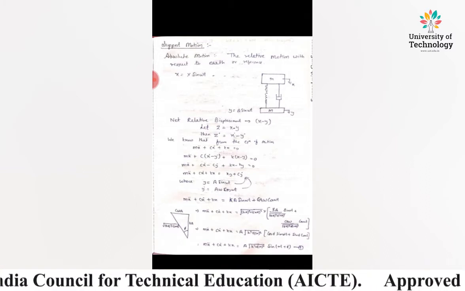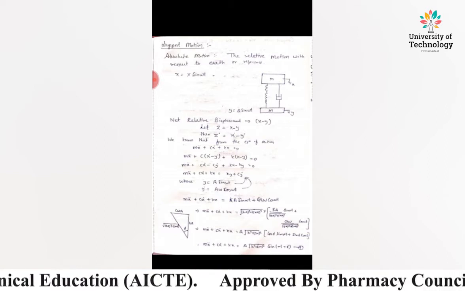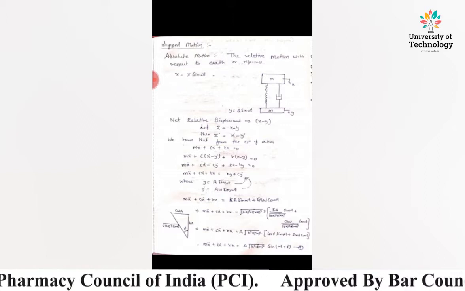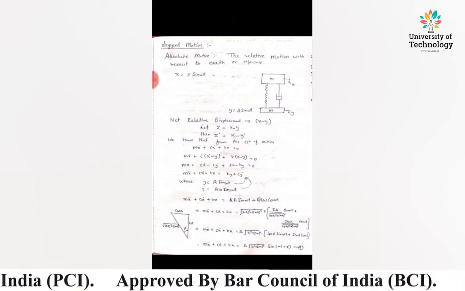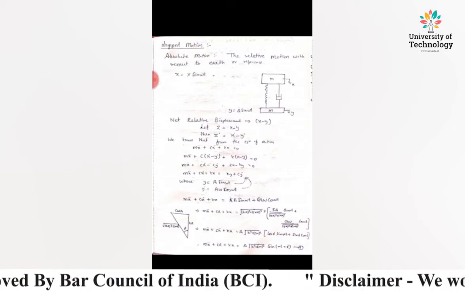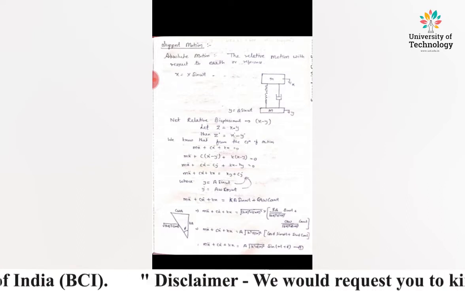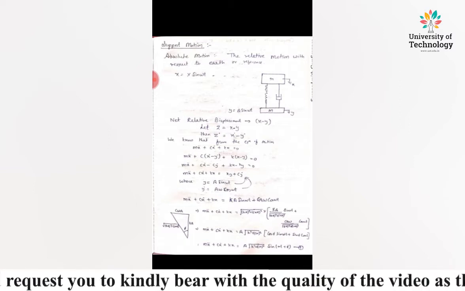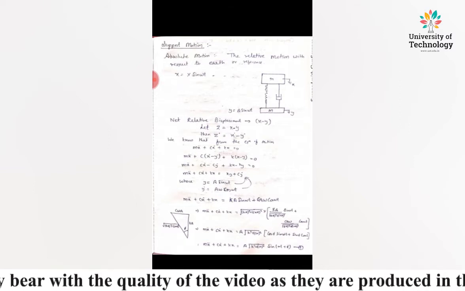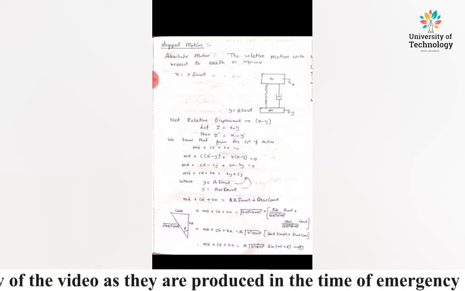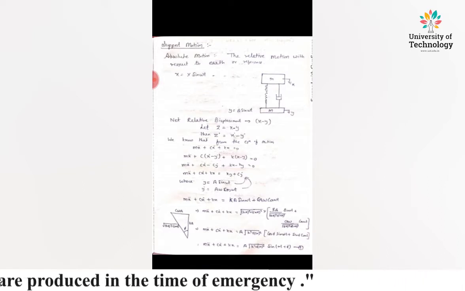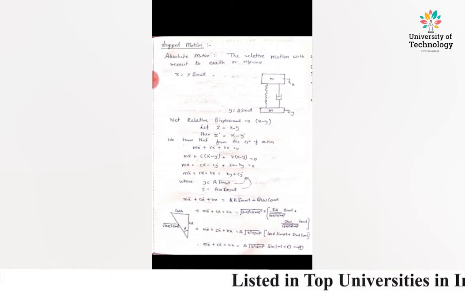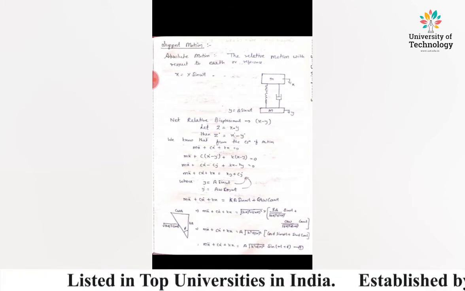By putting the value of the relative velocity, z dot is equal to x dot minus y dot, and z is equal to x minus y, in this equation we get m x double dot plus c (x dot minus y dot) plus k (x minus y) is equal to 0.